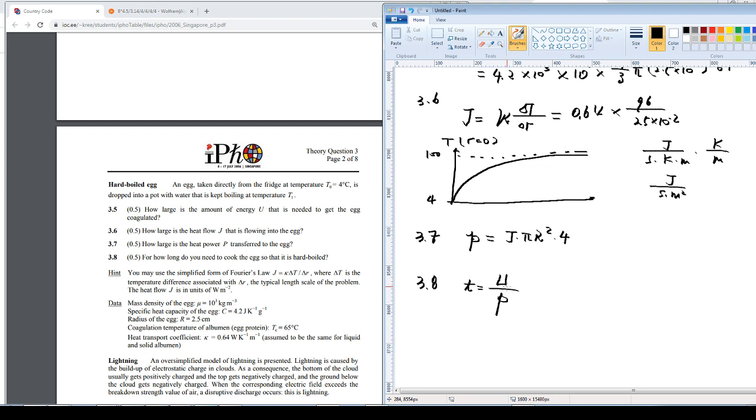This is somewhat of an estimation. This may be the characteristic time, because the exact problem is a thermal diffusion problem where the exact equation is a partial differential equation, because the temperature of the egg is dependent on both radius and time.